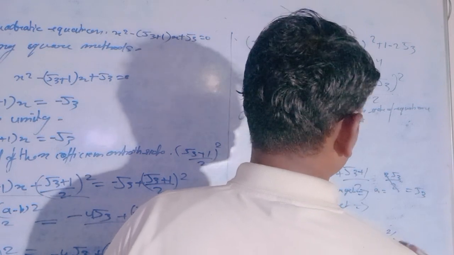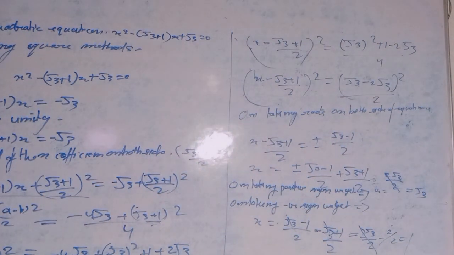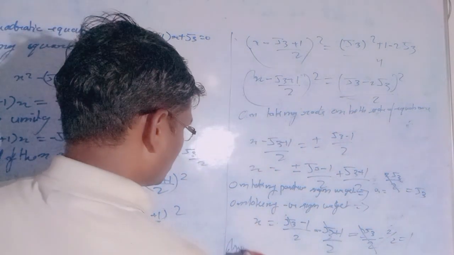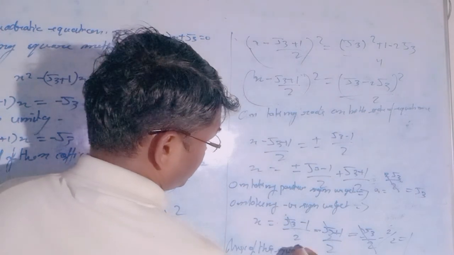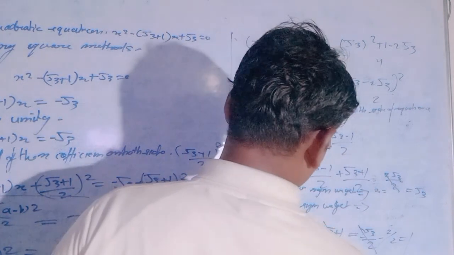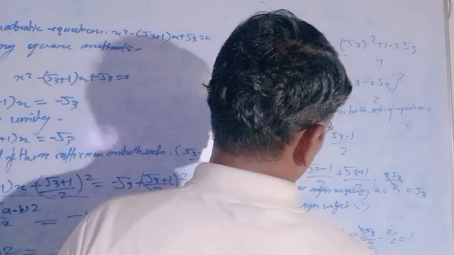So 2 by 2 is equal to 1. So we have got the answer. The answer of these equations would be first √3 and second 1.